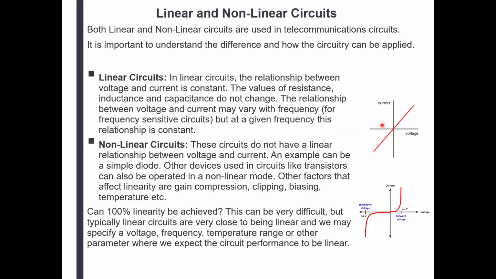The changes in voltage are proportional to the changes in current in the circuit or in the resistor. So across the resistor, if the current increases, the voltage increases automatically. You're going to have something like a straight line. So this would be a linear circuit.